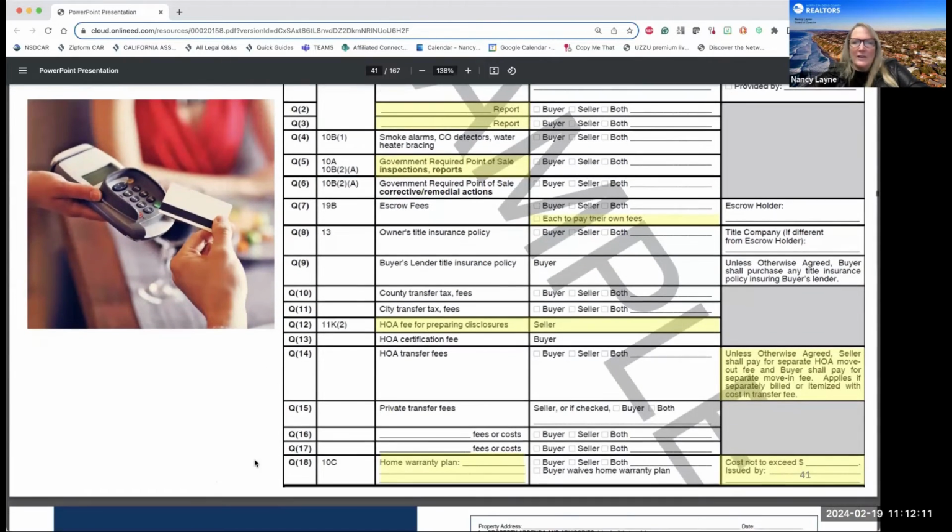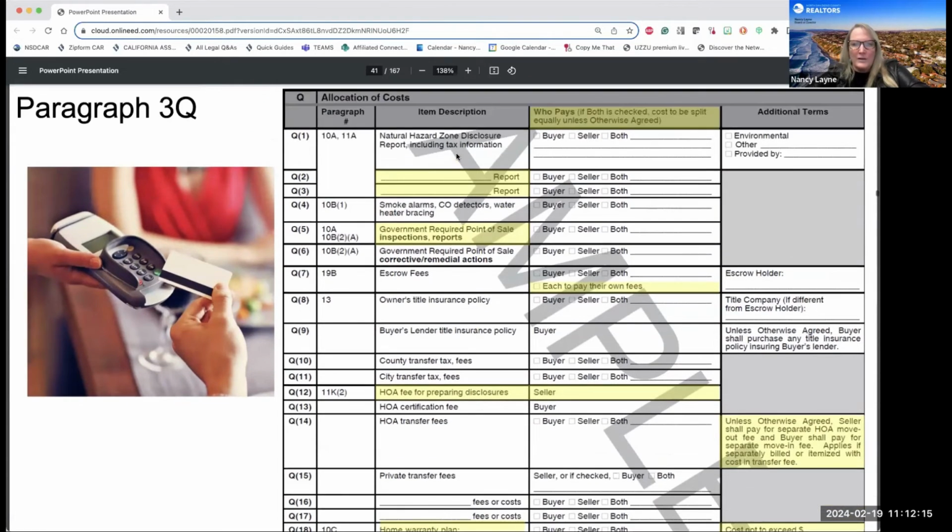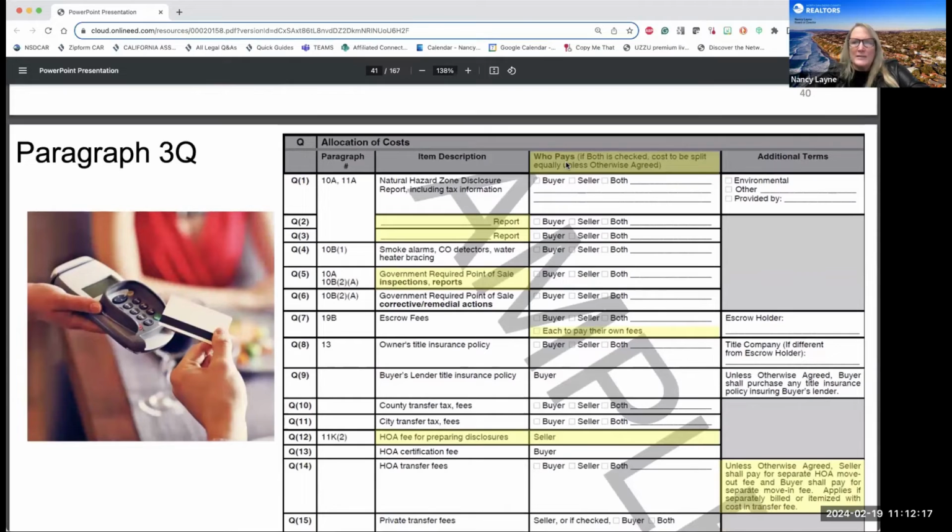This again clarifies who is paying for which part of this report. So this one says what the report is, and this one says who pays. So if you put in here, for example, termite, and you don't say who pays for it, then that just becomes another issue. It's ambiguous, and you'll have to clarify at some later date.